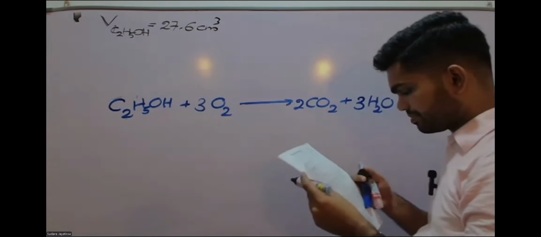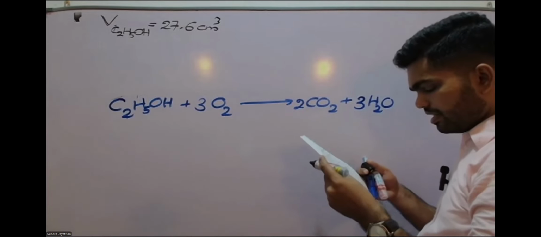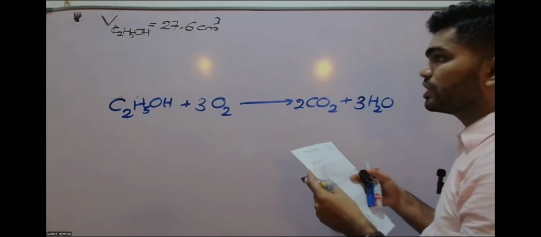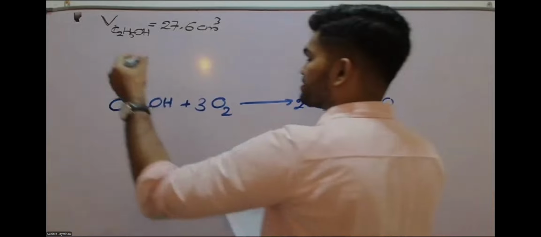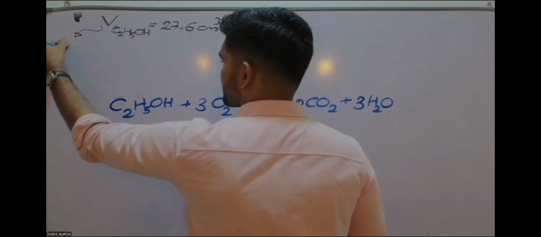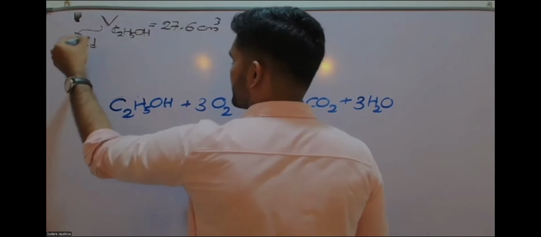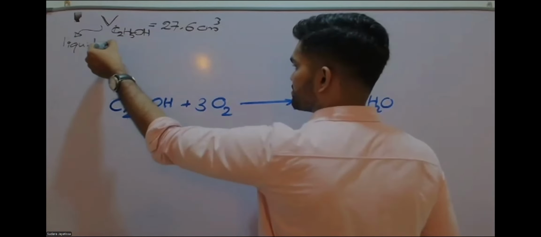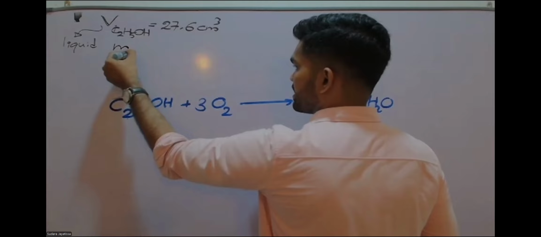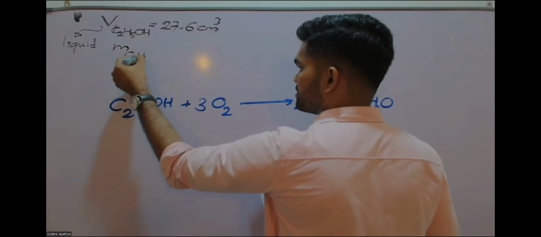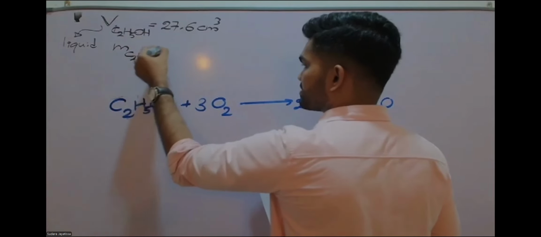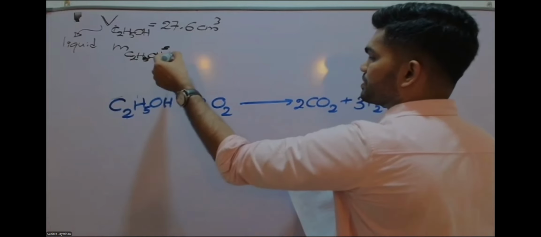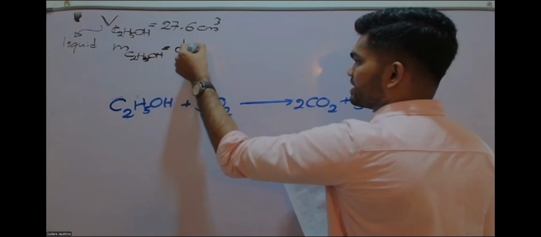It is a liquid ethanol. And then they have also given the density. From this we can get the mass of ethanol, C2H5OH. So what do we do? We multiply the density by the volume.